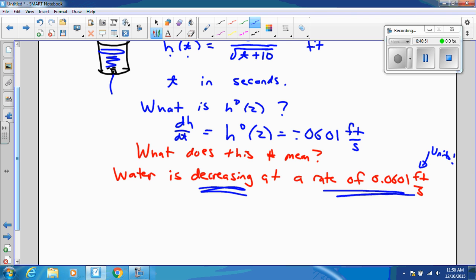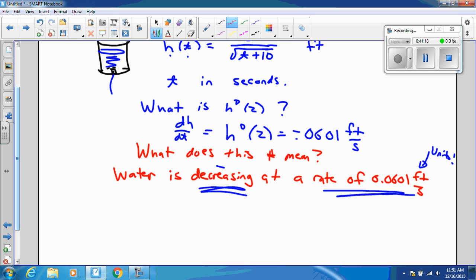Second, I'm going to provide the actual rate with the units. Notice that I do not put a negative sign there. The negative sign is taken care of already. If I were to put a second negative sign, at best it would be redundant, at worst it would be confusing. Is that supposed to be a double negative? Is it really increasing? Don't do that. It's decreasing at a rate of 0.0601 feet per second.